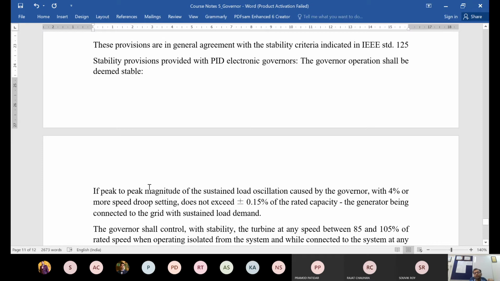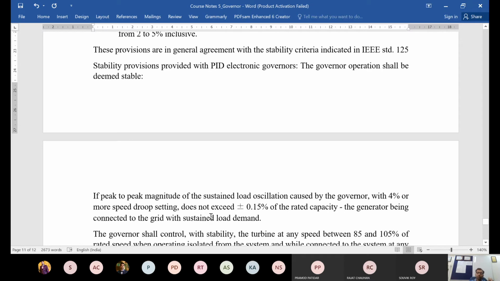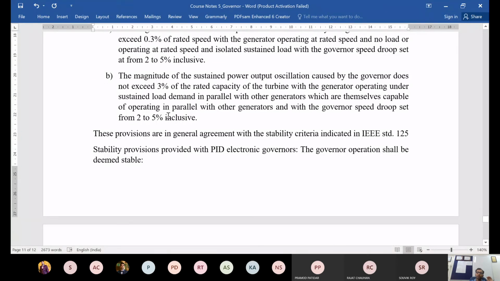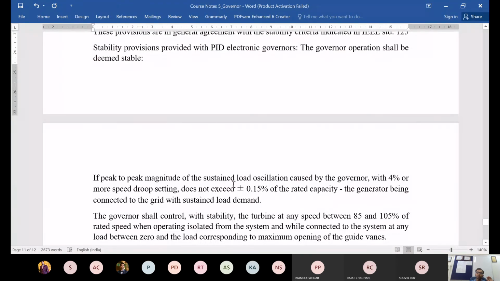Now, as you can see, the criteria is more stringent. Even for a generator connected to the grid in parallel with several other generators, the oscillation allowed is only plus minus 0.15%. So for your 600 RPM machine, how much will this value be? Like 0.9, right? Plus minus 0.9 RPM. It's very stringent, as you can see.